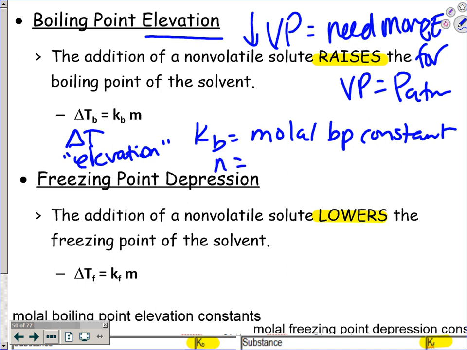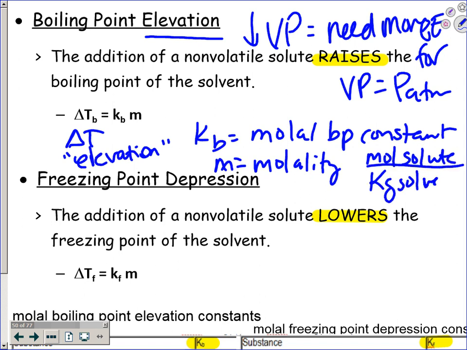The m is referencing molality. Quick reminder, what's molality? Moles of solute over kilograms of solvent. Okay? And then lastly, we spoke yesterday of the i factor. Do you remember what that was called? Van 't Hoff factor. It's related to number of ions or particles that are forming.